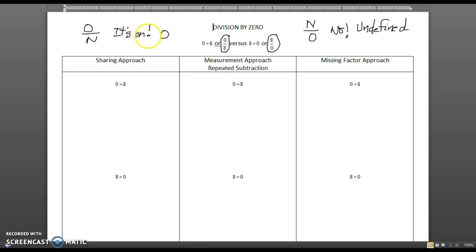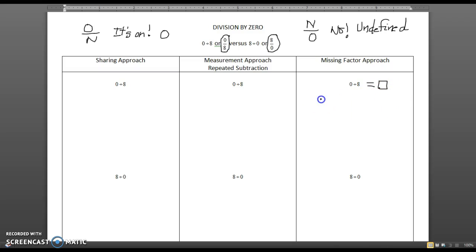All right, this should help you remember which is which, but again, what we're going to do right now is the important part. So we're going to start with a missing factor approach. I'm going to go backwards here. So remember what we're doing with this. We're saying, hey, I want to know the quotient to this problem. I'm going to turn it into a matching multiplication problem instead.